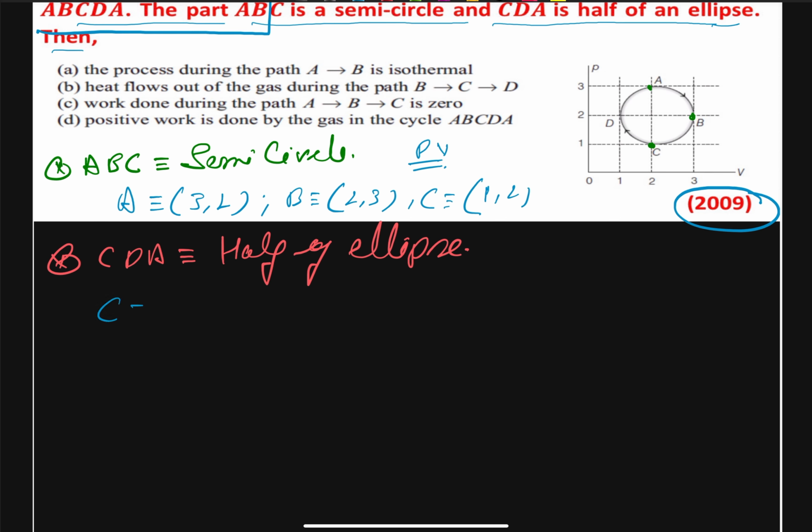C is our 1, 2, and D is our 2, 1, and A is our 3, 2. So if we see the entire cycle, it starts from A and ends at A. Therefore, the net change in internal energy will be equal to 0.